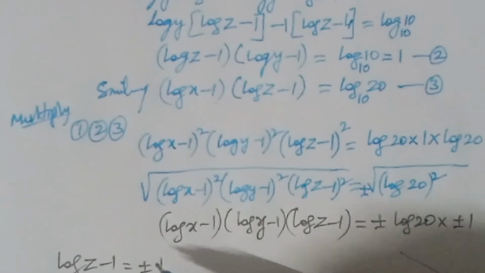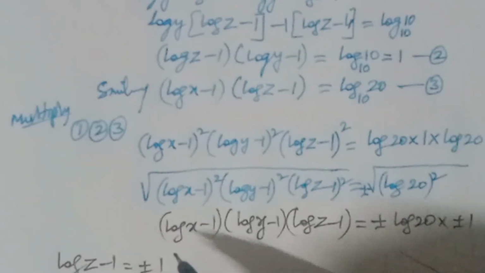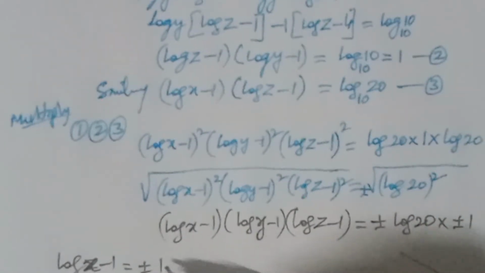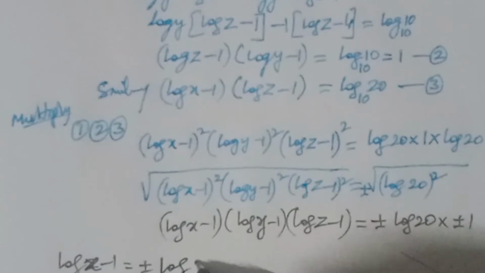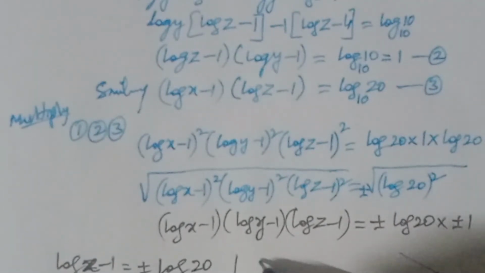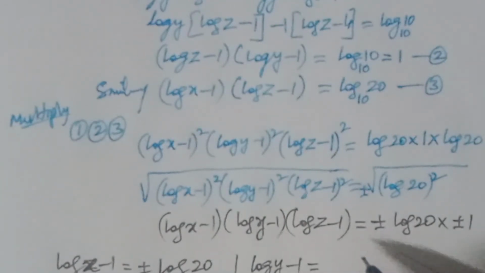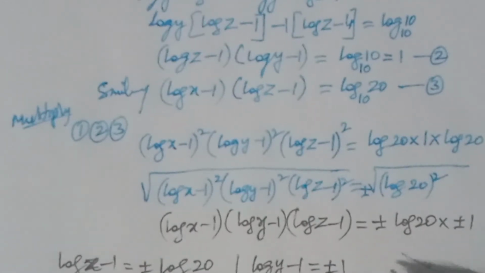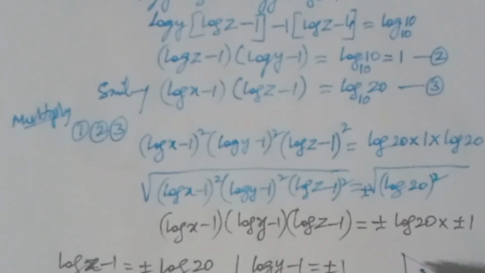So here first of all we will take log x minus 1 is equal to plus or minus log 20. Second one, log y minus 1 is equal to plus or minus 1. And third one also you can take log z minus 1 is equal to plus or minus 1.